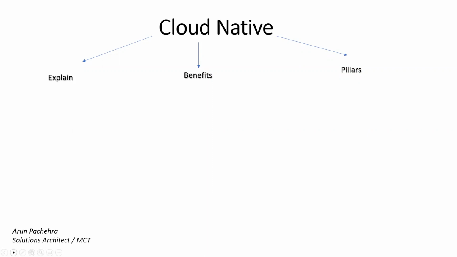Now, while there are lots of definitions of cloud native floating around, and we all know that, that makes it confusing. We want a simple and straightforward understanding of cloud native. At its core, cloud native simply refers to a modern approach to building software that takes advantage of cloud services and environment.